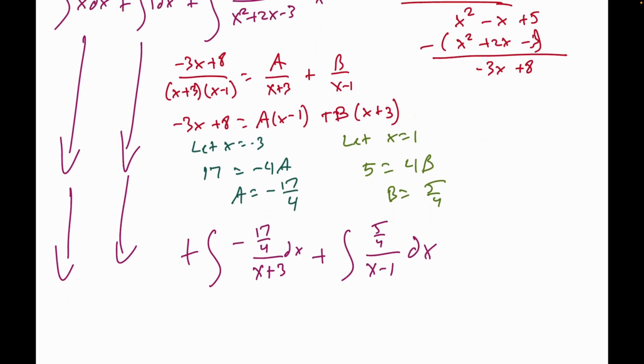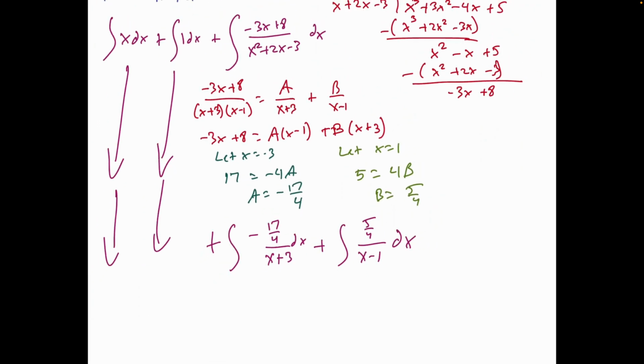Okay, so now let's do our integrations. The integral of x dx, the very first one, is x squared over 2. The integral of 1 dx is simply x. The integral of negative 17 fourths over x plus 3 is minus 17 fourths times the natural log of the absolute value of x plus 3. And the next one is plus 5 fourths times the natural log of x minus 1. And that is all plus C.